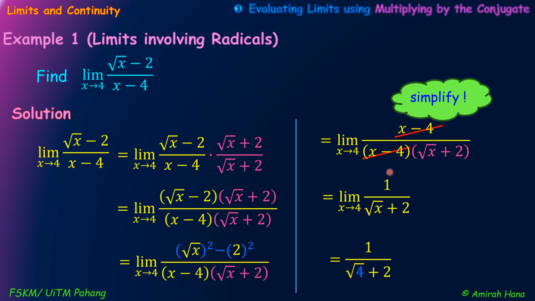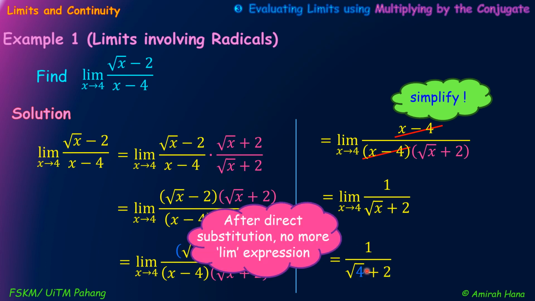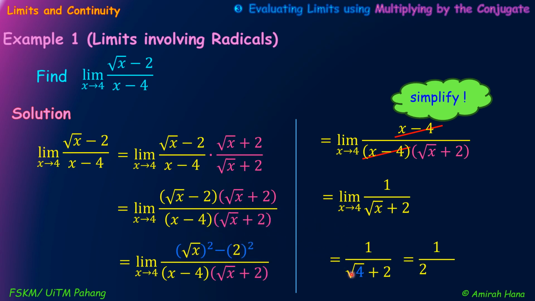So we plug 4 into the variable x here, and we get 1 over (√4 + 2). Then we simplify: √4 equals 2, plus 2, which equals 1 over 4. This is the final answer.